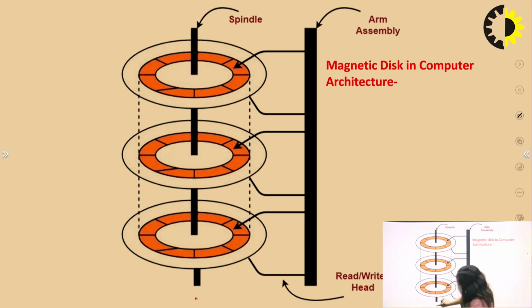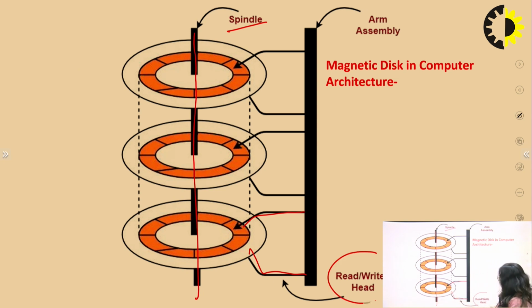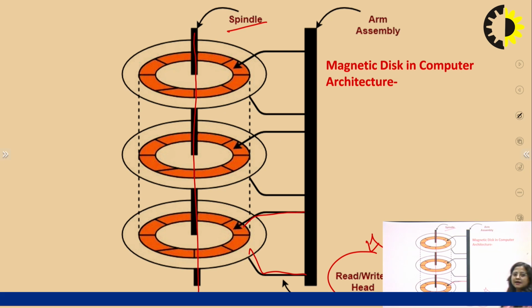This vertical line is called the spindle, and this is the arm assembly, which carries the read write heads in both directions. One read write head covers the upper portion and another covers the under portion, top and bottom. So each platter has read write heads in both directions, and you can easily read, write and access your data.